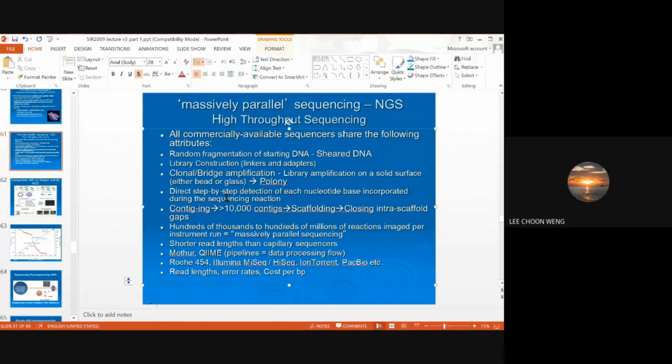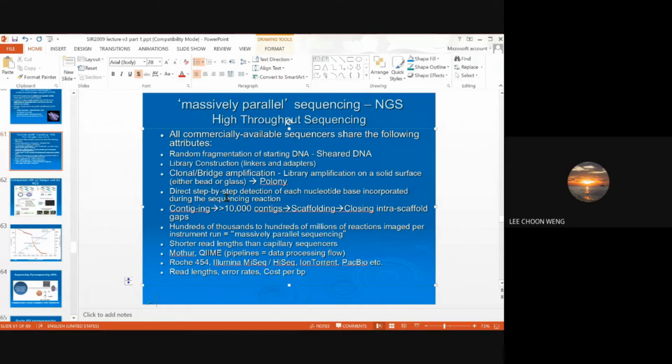So what actually happens is, when you sequence by synthesis, you add your adenosine, guanine, cytosine, and thymine. Each of these nucleotides will have a different color.